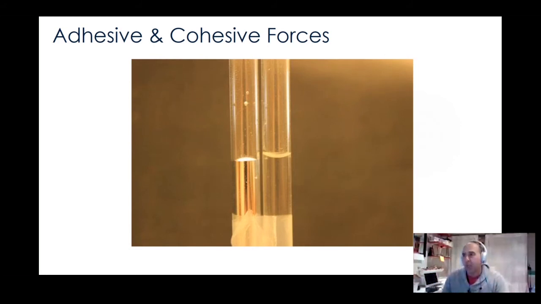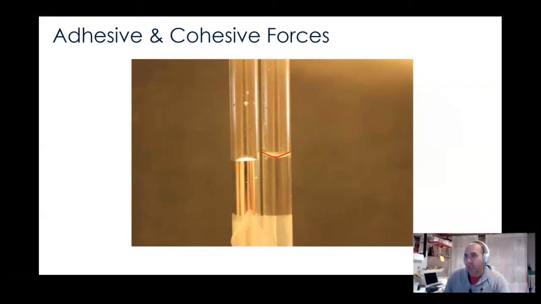Now, if we look at the mercury and the water, there are some interesting things to note. The first thing is these are equal volumes of mercury and water, I think. That doesn't actually really matter. What is interesting is that this is a pattern you're used to seeing. When you read a burette or you look at the volume of a volumetric flask or a pipette, what do we look for?